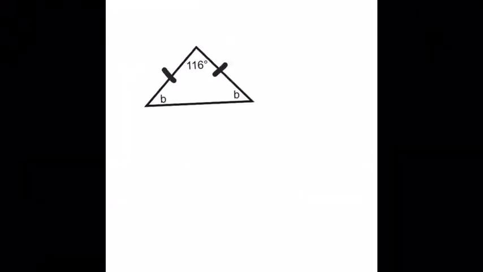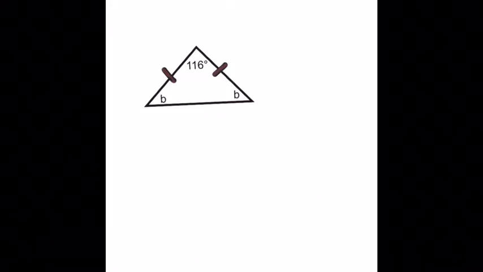In our next example, we have an isosceles triangle, and we know it's isosceles because it's telling us that two of the side lengths are the same, but it's also telling us that one angle is 116 degrees, and then we have two unknown angles. But how are we supposed to figure out the missing angles if two of them are unknown?